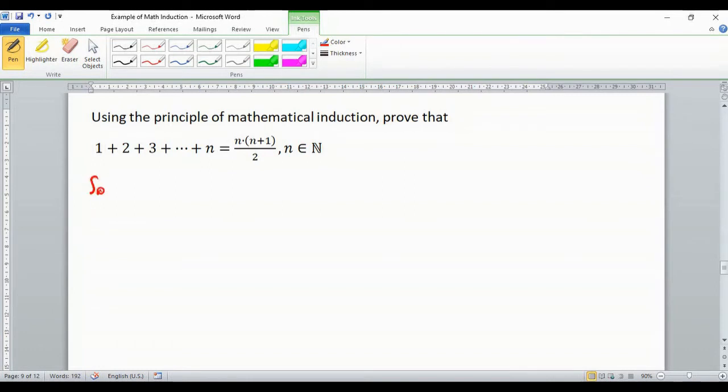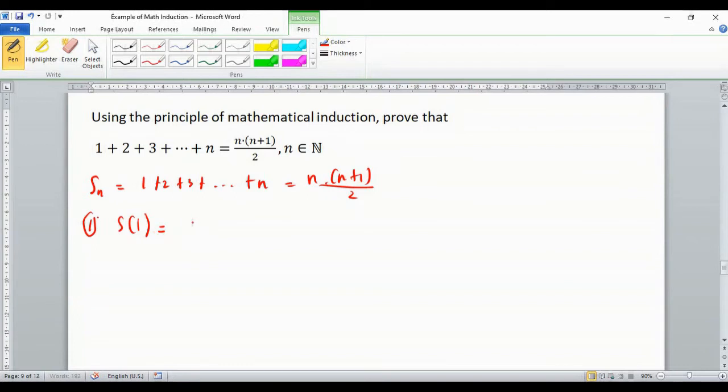So from here we can let Sn equal 1 plus 2 plus 3 plus dot dot dot plus n equals n times n plus 1 over 2, right? So from here, step 1, you need to put n to be 1. Okay? So we have LHS and RHS.